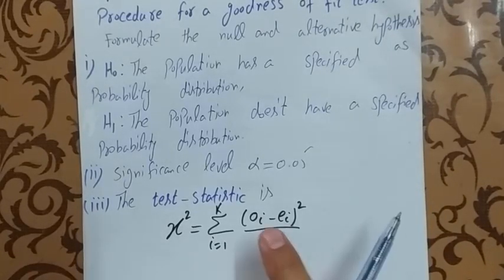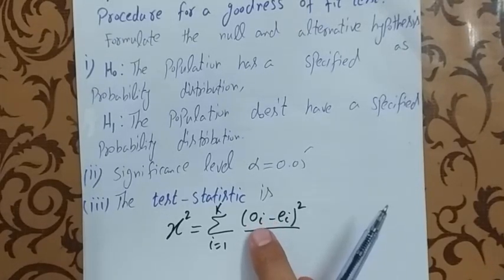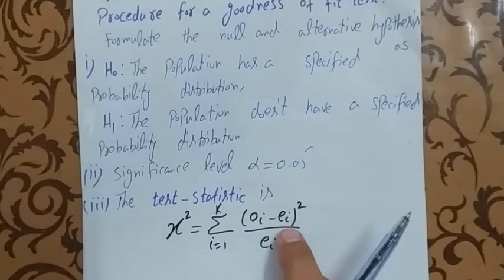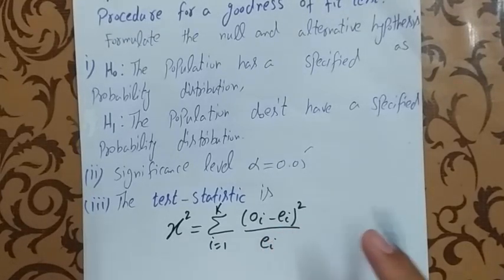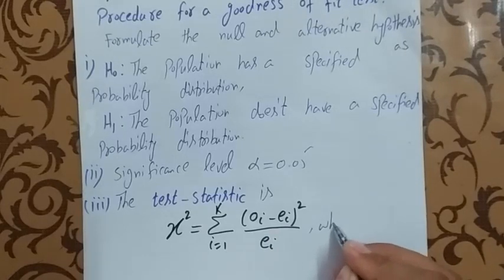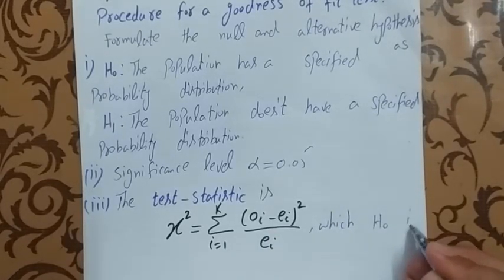In this relation, Oi is the observed value of the frequency and Ei is the expected value of the frequency.